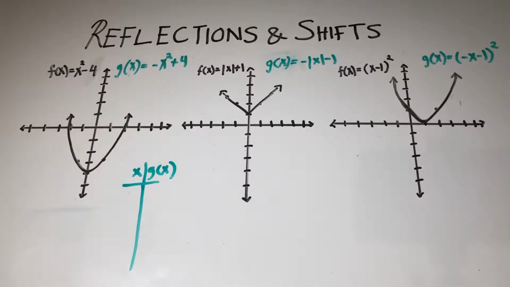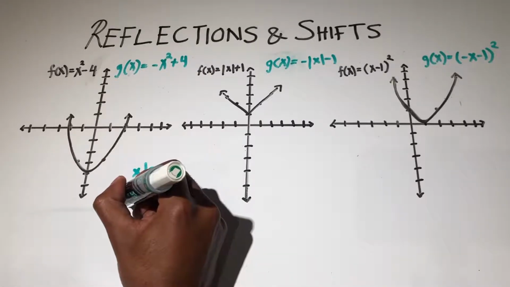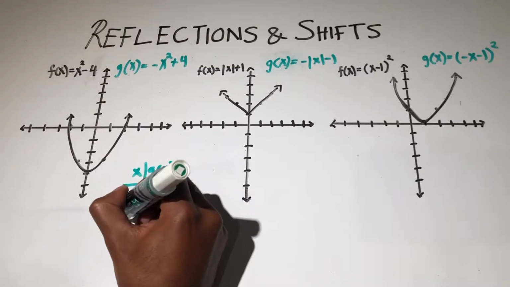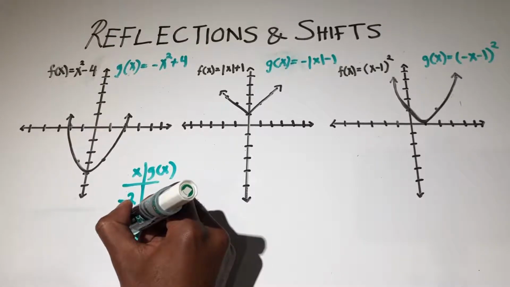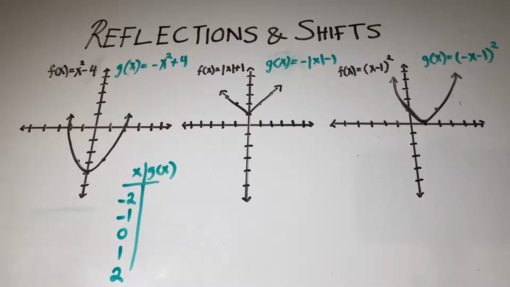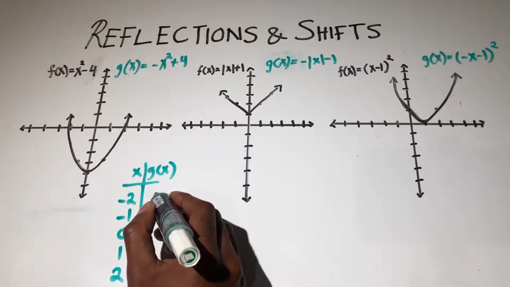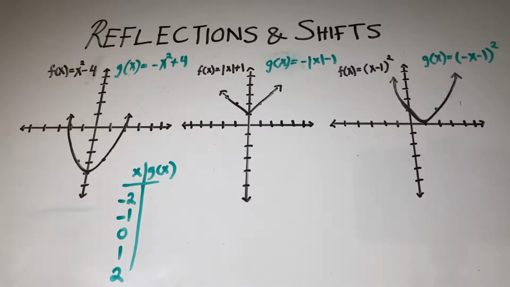Let's start with -1 and then work our way up to 1, so -1, 0, and 1. But the more points you add, the more precise the graph is going to be. So if we take -2 and -1 and work our way up all the way to 2, we're going to get a more precise graph. All we've got to do is plug in those values for x, and then we're going to generate values for y, or g of x in this case.